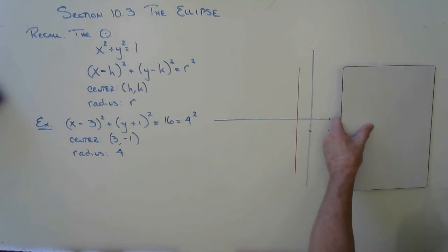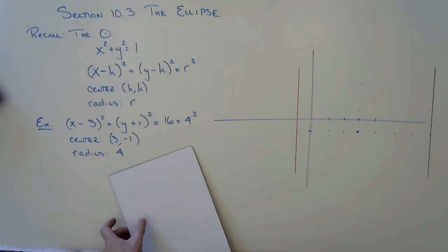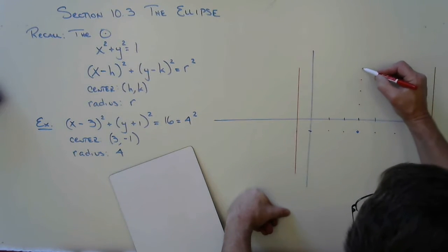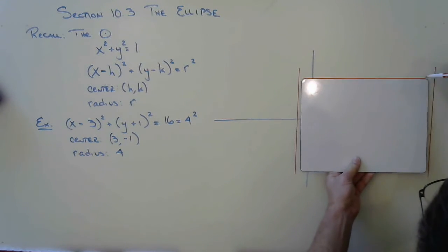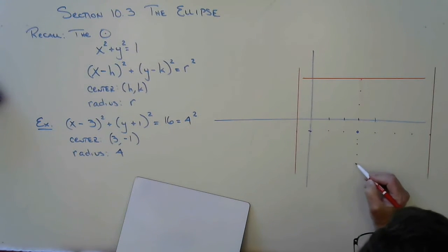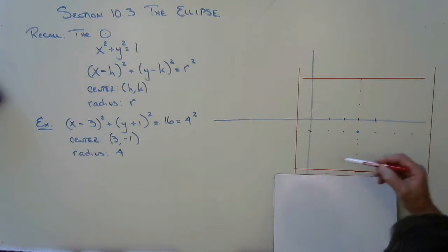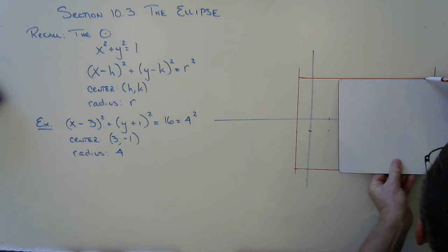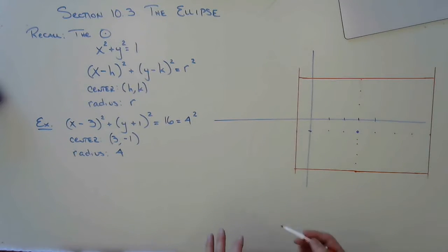And then we went 4 up, 1, 2, 3, 4, and we have a line up here. And then we went 1, 2, 3, 4 down here, and we drew a line down here. We end up with a box. I didn't work very hard at making it a box because I didn't measure anything.